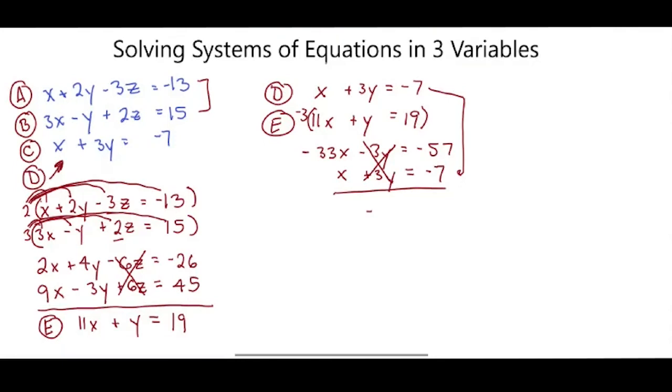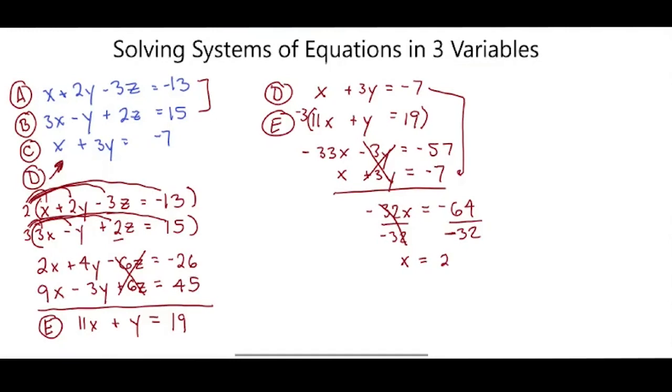Well, that's negative 32x equals, well, negative 57 minus 7 is negative 64. Okay, now I divide both sides by negative 32. That cancels, and I'm left with x is equal to positive 2.